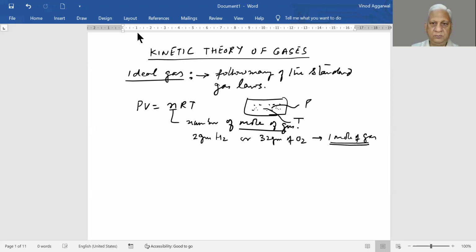Now there are certain properties regarding 1 mole of gas.